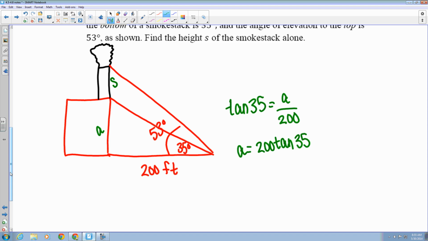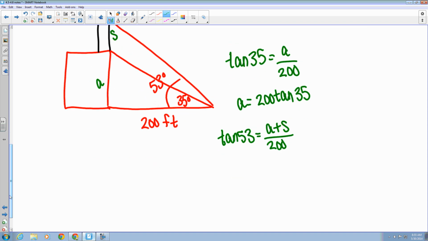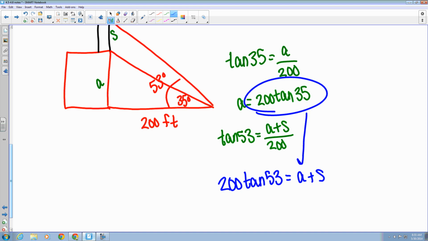Okay, now let's use the 53. It's still going to be tangent. This time we have both A plus S over 200. So 200 tangent 53 equals A plus S. A is 200 tangent 35.